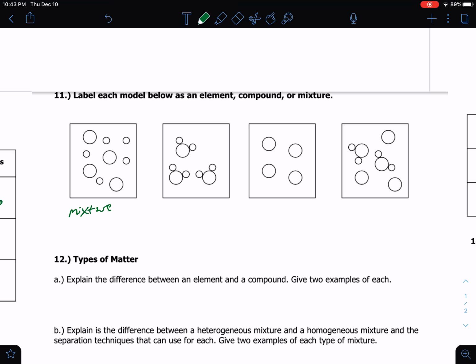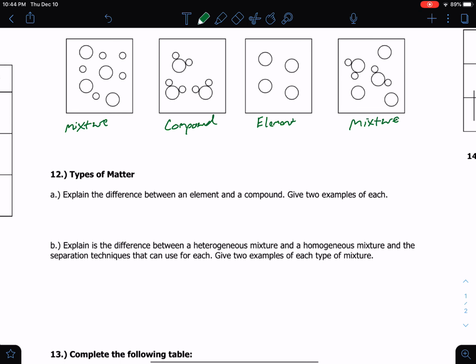The next one looks like elements that are bonded to other elements, and this would be a compound. Then I have what looks like one uniform substance, with no differing particles in there, so this would be an element. And lastly, it looks like we have some compounds and elements in there, so that is going to be a mixture.